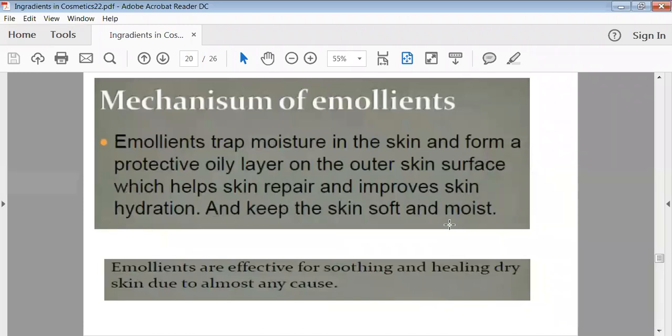Generally, emollients absorb or trap moisture from the environment, and they try to maintain the required concentration of moisture inside the preparation. When used on your skin as an emollient, here also they maintain the required moisture in your skin. They are generally used to give a soothing effect as well as to avoid the drying of your skin.